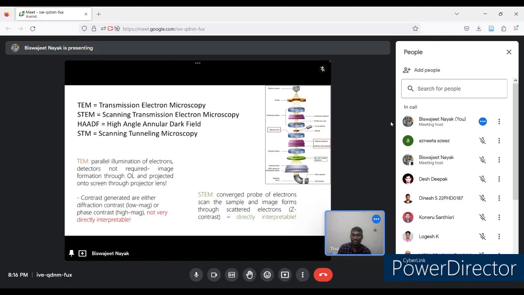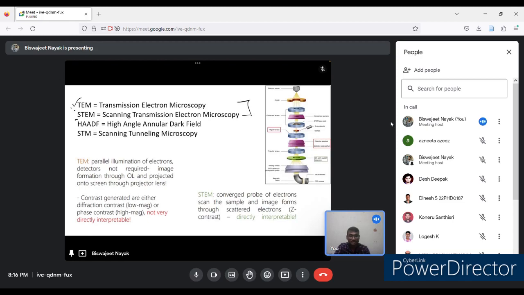In this type of microscopy we see the light passing through the object itself, and then we see it. STEM and TEM are kind of the same, but STEM has better interpretability than TEM.